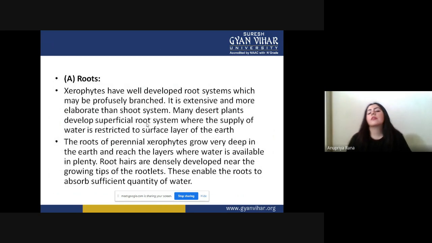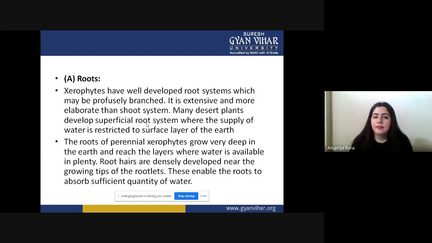The very first thing, if we see about the roots: the xerophyte has a well developed root system. If we compare them to hydrophytes, plants which live inside the water, they do not have any kind of root system because they live inside the water. Roots are needed where water conditions are low.